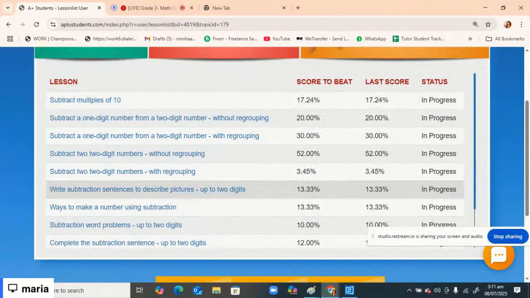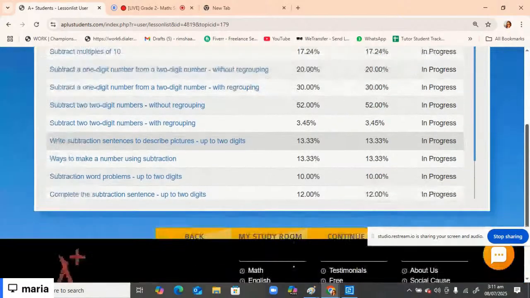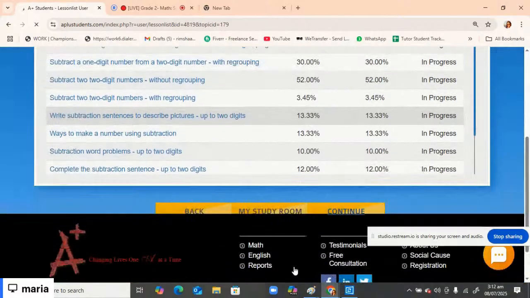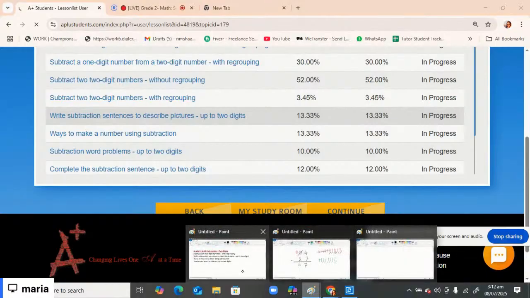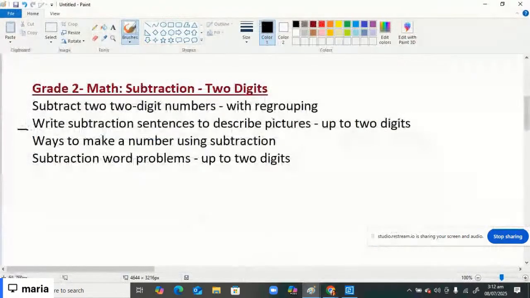So write the subtraction sentences to describe the pictures up to 2 digits. Okay. So the next lesson is the subtraction sentences to describe the pictures up to two digits.